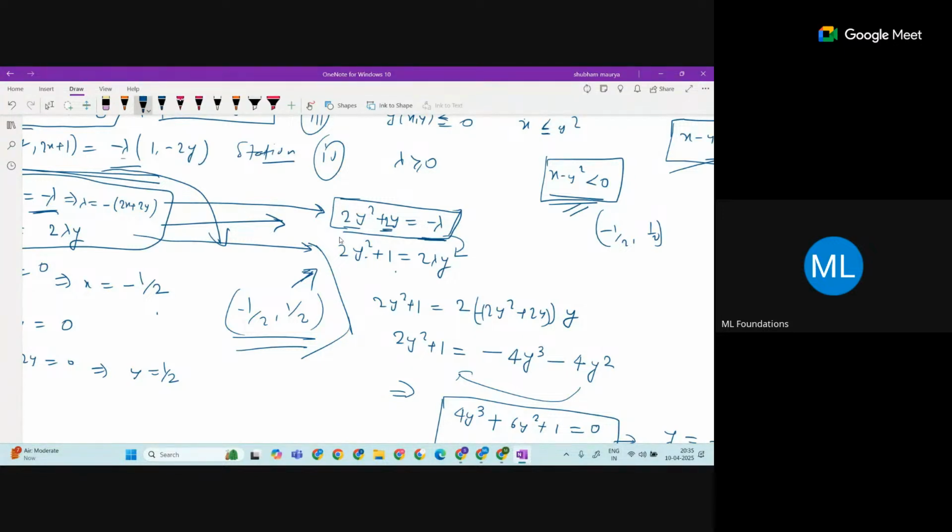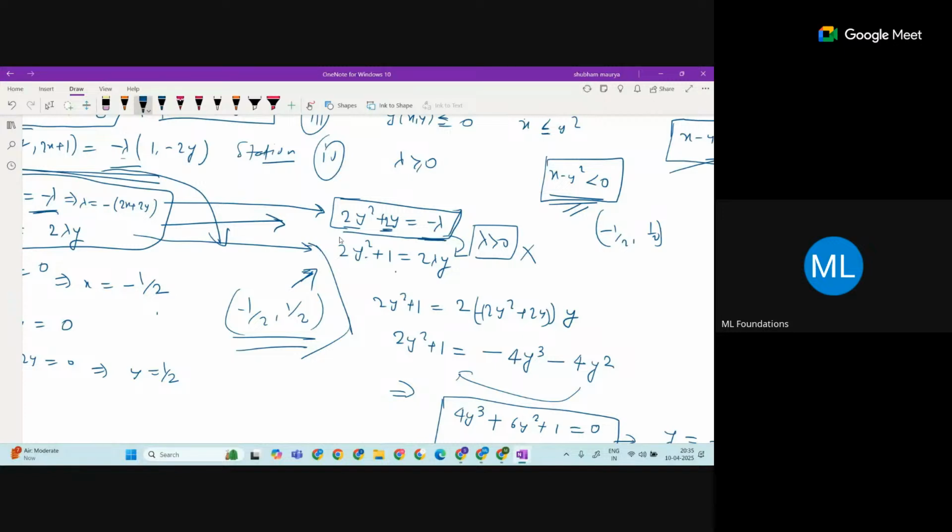Actually, why I'm checking: here lambda should be positive. If we find finally that lambda is negative, then we will not use this one. Sir, but here we are getting lambda negative. So now we are going to leave it. That is what I'm checking, the sign only.